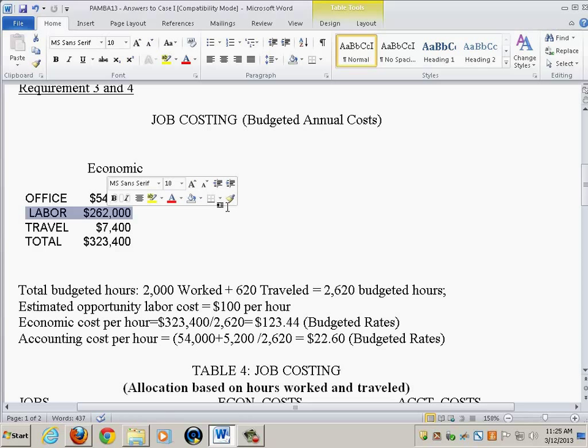So there's no explicit cost. In conventional accounting systems, it would not be recorded or recognized as a cost, partly because it's an estimate. You're saying, yes, had I worked for somebody else, those hours, I would have been paid $100 per hour. So you have to take this cost out. So that's the major difference.